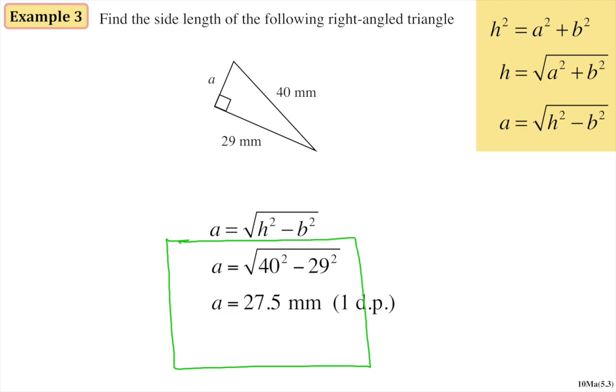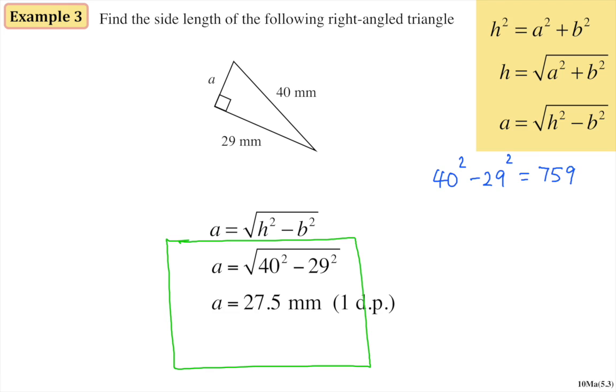Now, following on from last lesson, if you wanted the exact answer, you would put 40 squared minus 29 squared into your calculator, and let's change to a pen. 40 squared minus 29 squared actually equals 759.